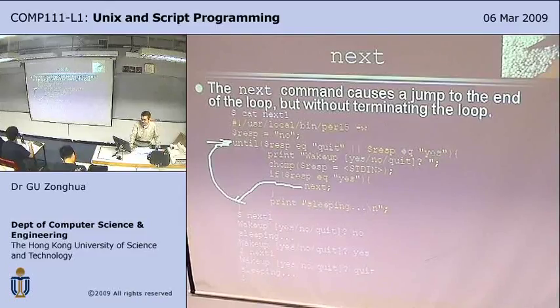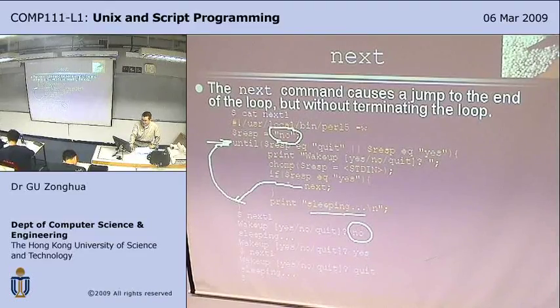So look at this. Response is initially equal to no. This until condition evaluates to false. Therefore, you go into the body of the loop. Print wake up. Response is no, so you skip the if statement. Print sleeping.